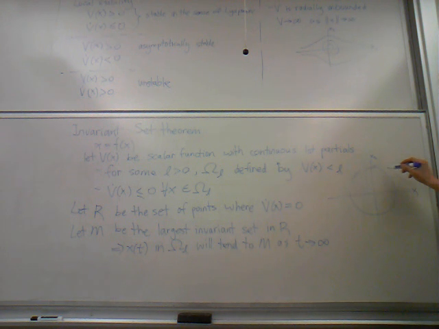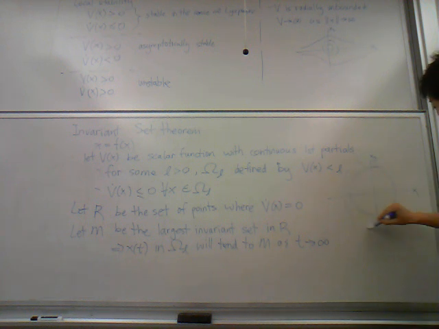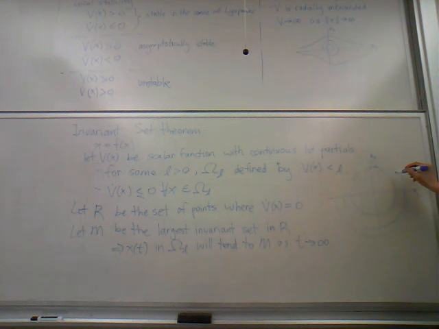Let's say the contours of our V are something like that. It's a scalar function of x1 and x2. And let's say here we have V equal to L be this contour. So our omega would be everything in here.